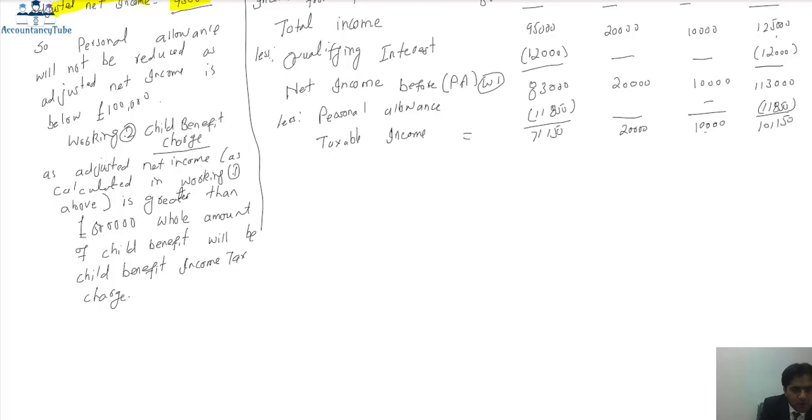Okay, we know that because it is greater than £60,000, that's why the whole amount will be child benefit income tax charge.